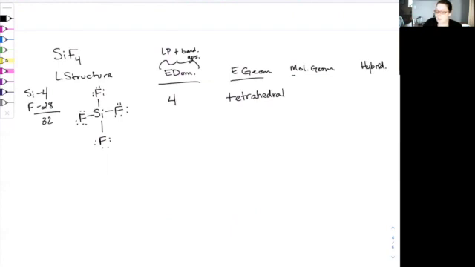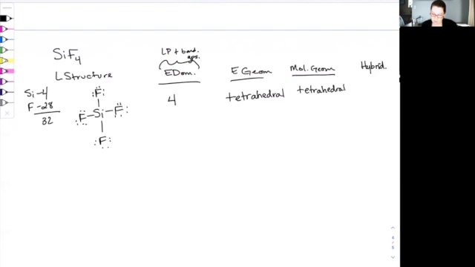Now, going to the molecular geometry, the only time it's different is if there's a lone pair on that center atom. In this case, silicon doesn't have a lone pair, so these are going to be the same. So this is also tetrahedral.